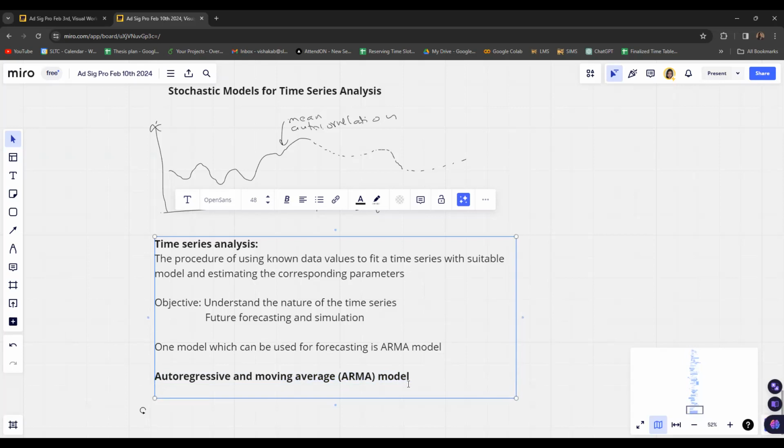This is a process that combines the auto-regressive model and the moving average model.